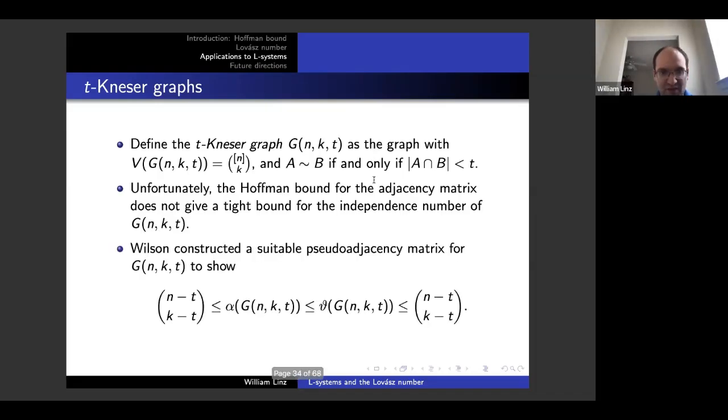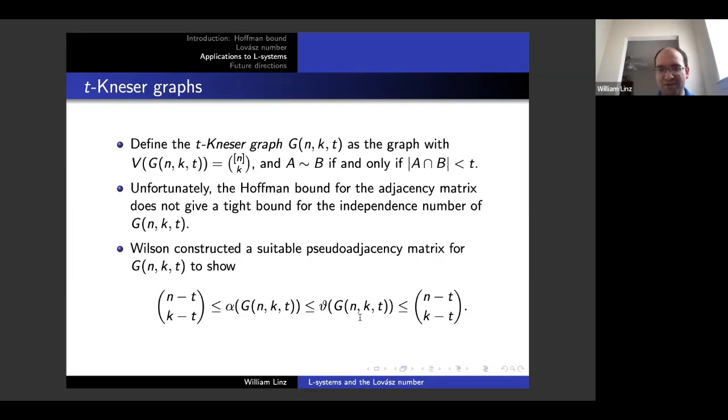So what Wilson did was he constructed a suitable pseudo-adjacency matrix, which I'm not going to write out in any detail here, for the T-Kneser graph. And that suitable pseudo-adjacency matrix that he constructed also does in fact show that the Lovász number of this T-Kneser graph, G(n,k,t), is also equal to (n-T choose K-T), whenever n is at least (T+1)(K-T+1).